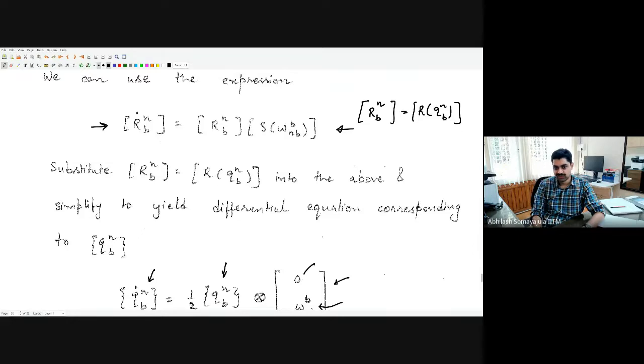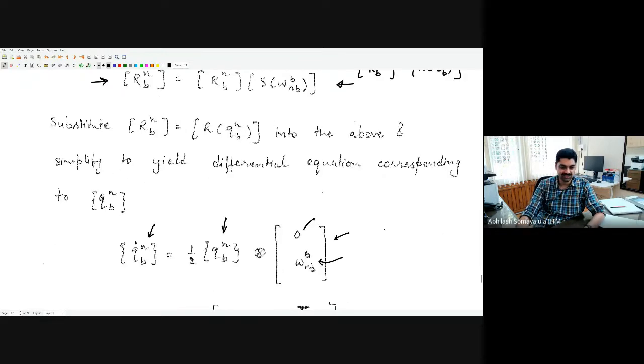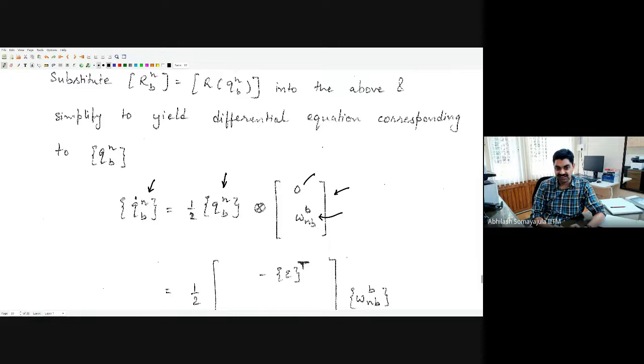Once we do that, we can do the manipulation to find out the expression for the 4 governing differential equations for how the quaternion is actually changing over time, especially when the body has an angular velocity involved with it. Is this making sense? I'm not telling you how it has come.